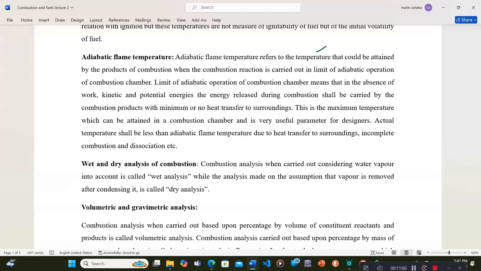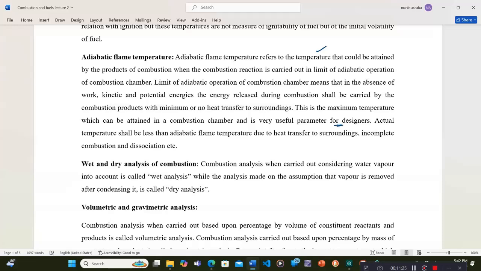When no heat is lost to the surroundings, that maximum temperature is what we are calling the adiabatic flame temperature. This maximum temperature is attained in the combustion chamber and is a very useful parameter for designers.